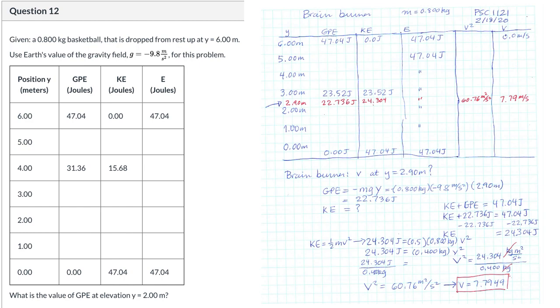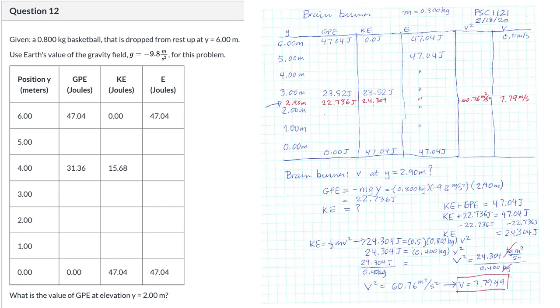All right. Now, this number here in the kinetic energy column has to add with this to 47.04. So the kinetic energy, which we want to get, is equal to something.